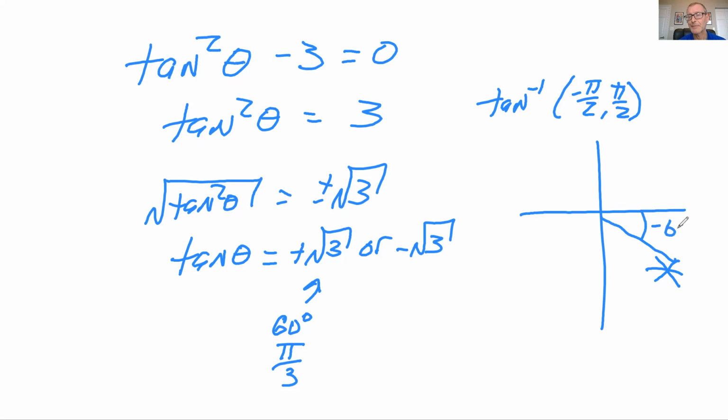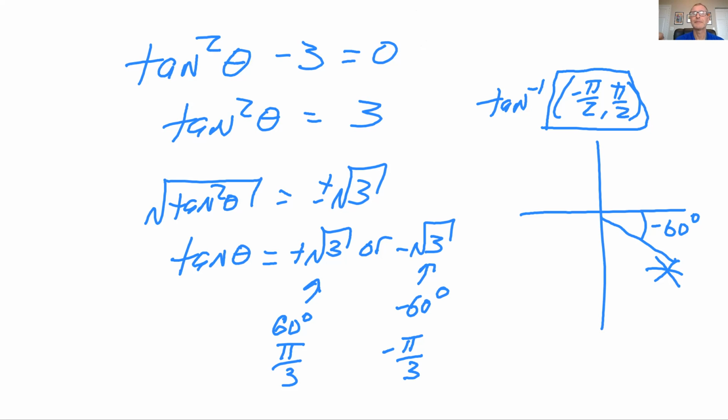It would be minus 60 degrees. So we could indicate it as minus 60 degrees or minus pi over 3. The reason we're indicating it as minus is that the tan inverse is defined from minus pi over 2 to pi over 2, so in quadrant 1 and quadrant 4.